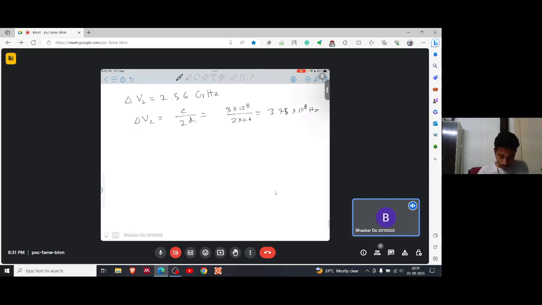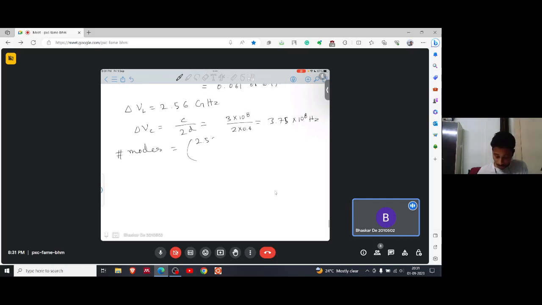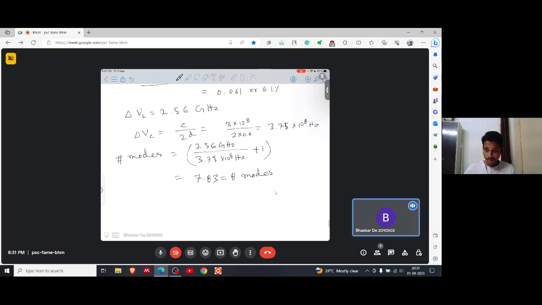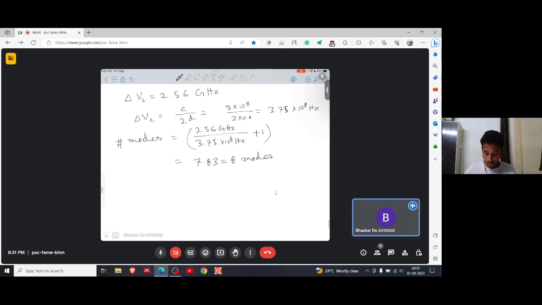So the number of modes is equal to 2.56 gigahertz by 3.75 into 10 to the power 8 hertz plus 1, that will give 7.83, that is 8 modes. So in the helium cadmium laser there are 8 modes actually participating in the lasing action.